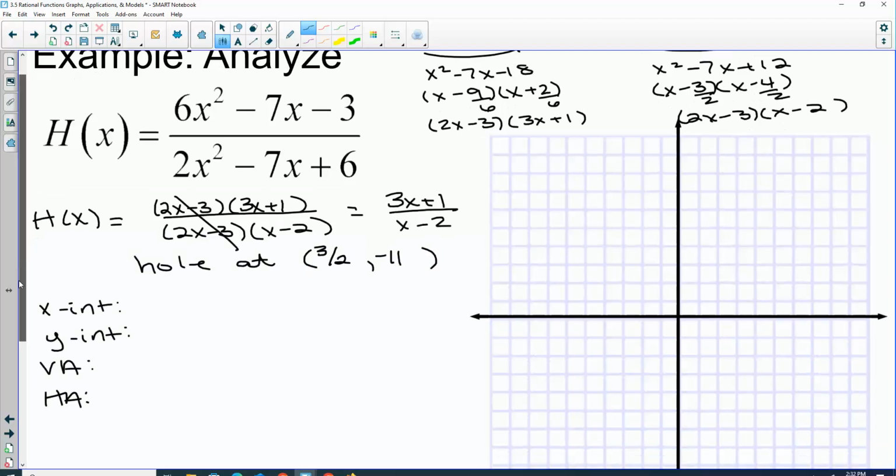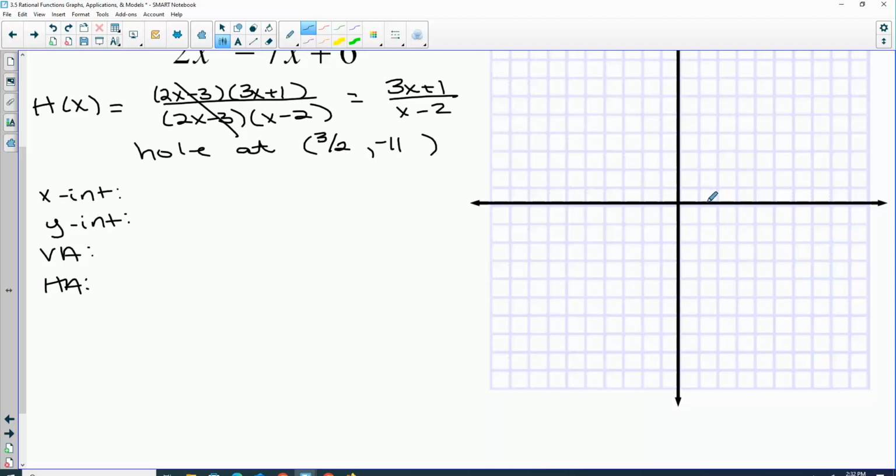So this is going to go off my graph a little bit. So 3 halves is like 1.5. It's all the way down there. Again, I got the 3 halves by asking what makes the 2x minus 3 equal 0. And then I got the -11 by plugging 3 halves into this.